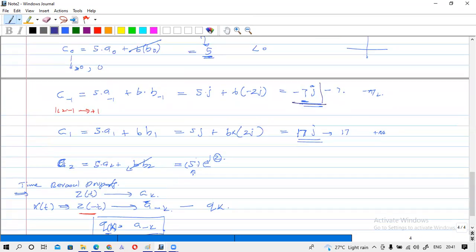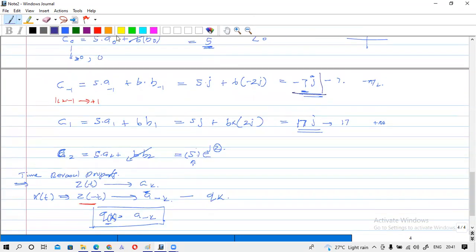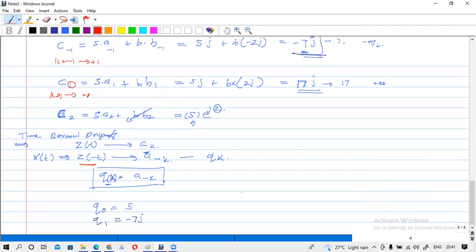For c1, k is equal to 1, so you have to get a minus k, that means k is equal to minus 1.